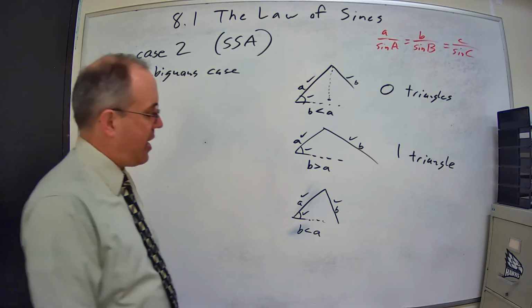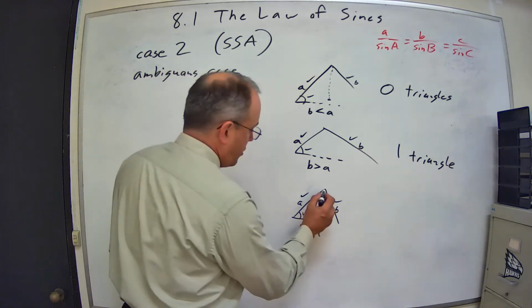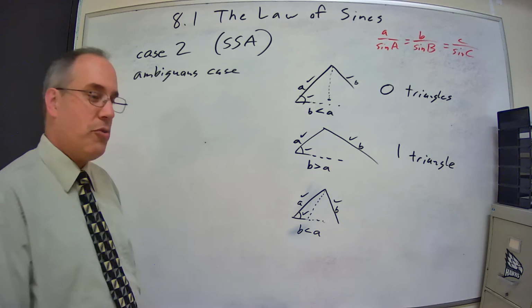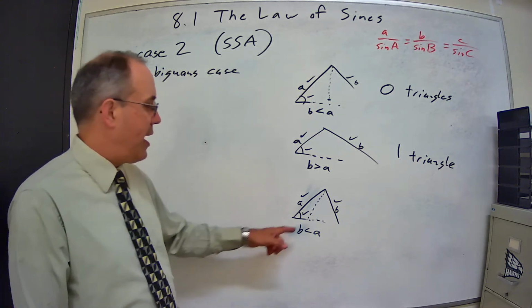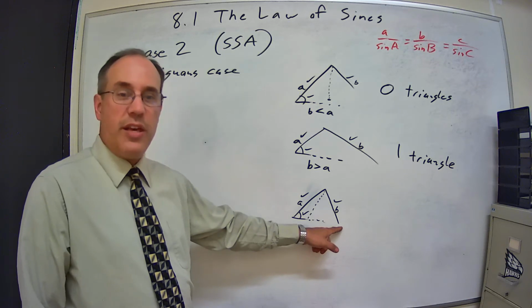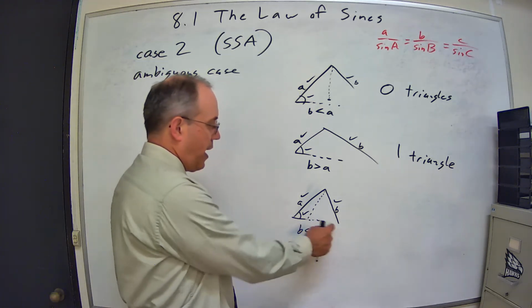But since B is shorter than A, there is also the possibility that it goes the other direction to create an obtuse angle here instead of the acute angle here, because nothing tells us how long this bottom line is.